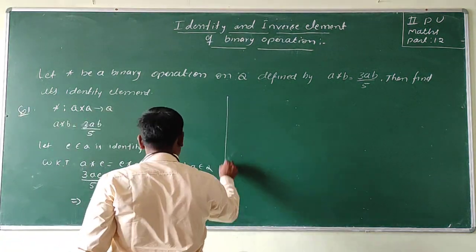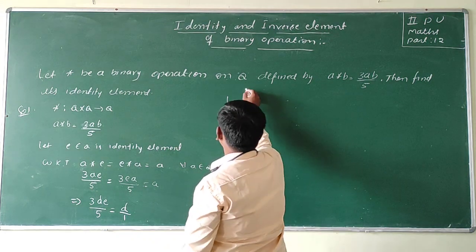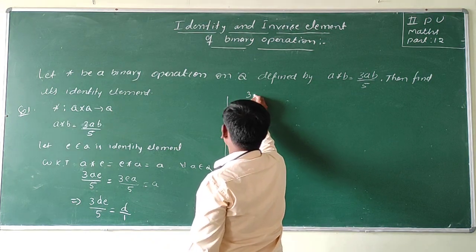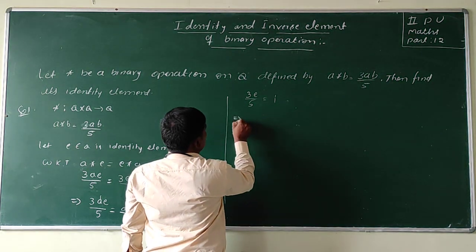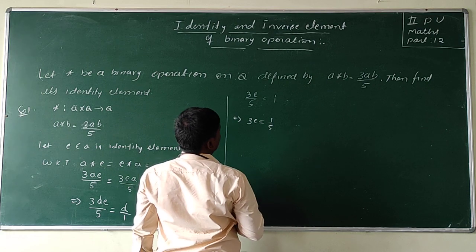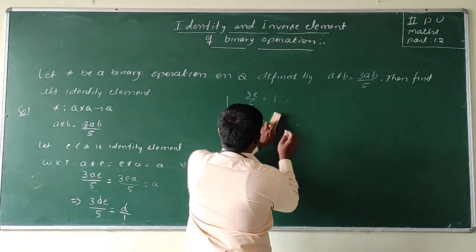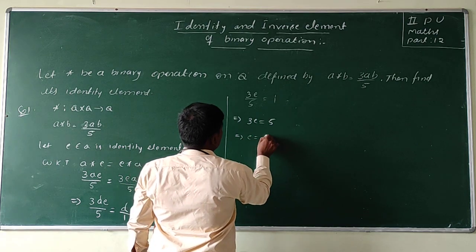Simplify it, so A gets cancelled. We are left with 3E by 5 is equal to 1. So this implies 3E is equal to 5, and therefore E is equal to 5 by 3.